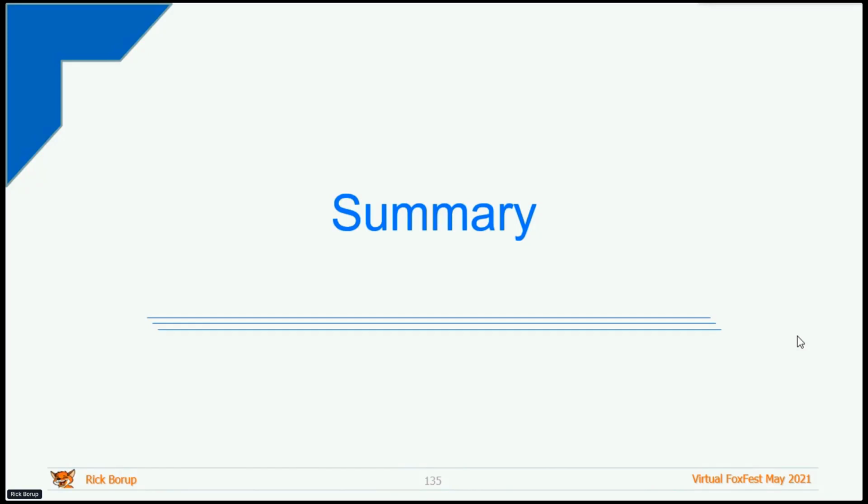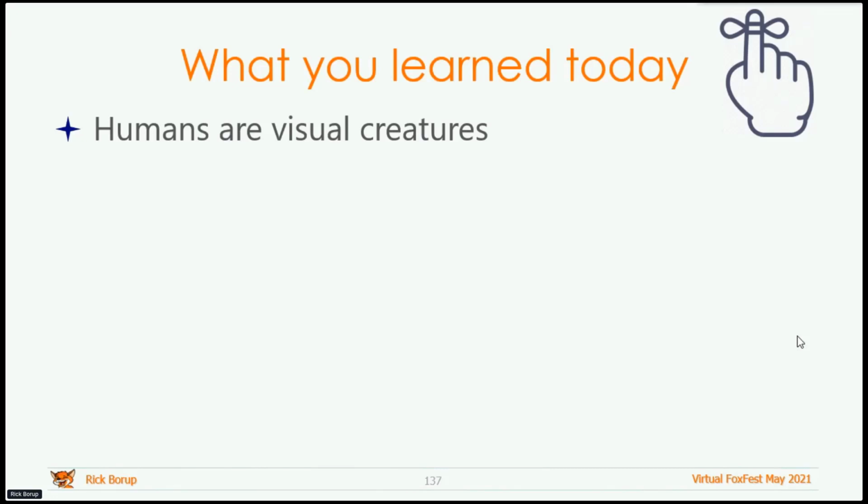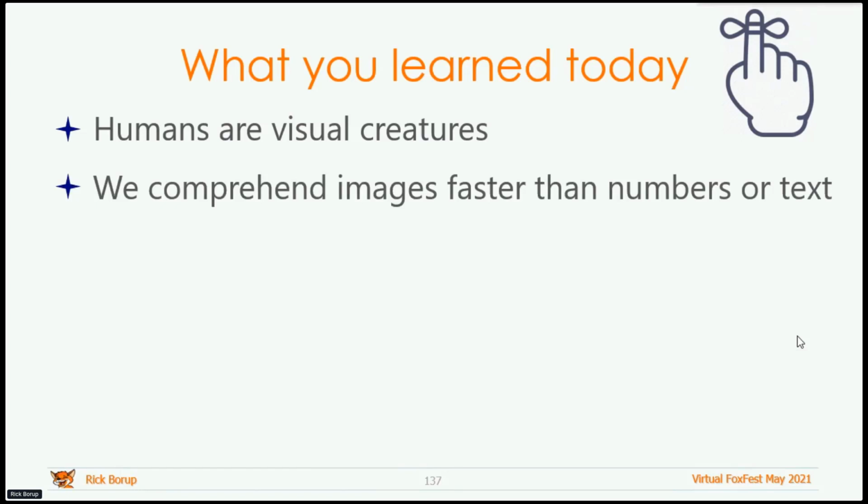But let me finish up by summarizing that we learned that humans are visual creatures and that we are built biologically to comprehend images much faster than we can comprehend numbers or text, that it takes a lot of brain work to read numbers or text versus seeing an image, especially if we want to grasp something quickly, that we can comprehend an image much, much faster than we can comprehend the same information by reading rows of numbers or paragraphs of text.